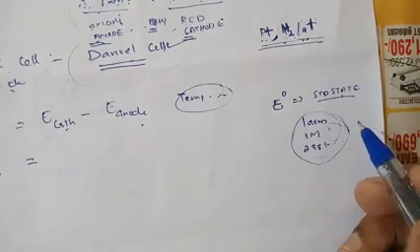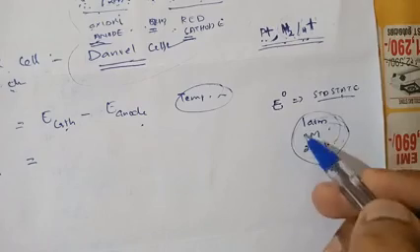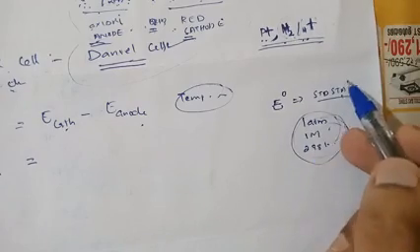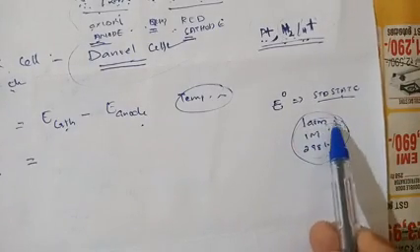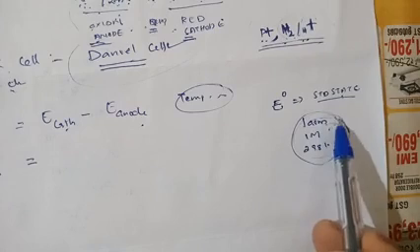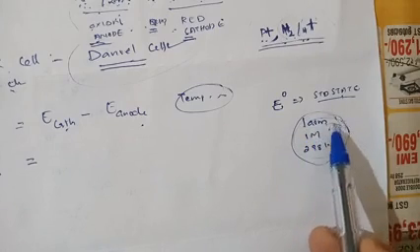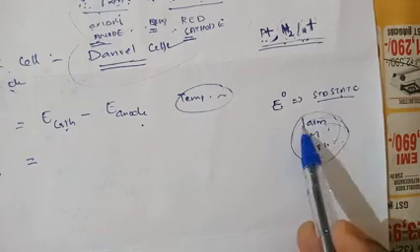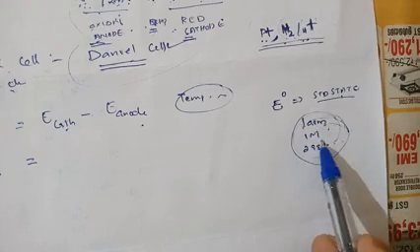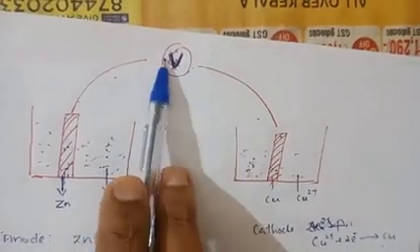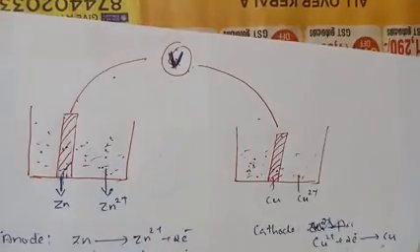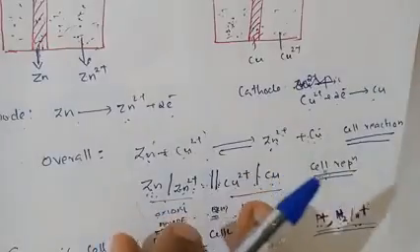That means anything I take in this condition, I can say is in standard state. 1 atm or 1 bar, approximately equal to 1 bar, actually it is 1 bar. So if I make a condition of 1 atmosphere pressure, 1 molar concentration and 298 Kelvin, I can say this is the voltage at standard state. That condition is called standard state.